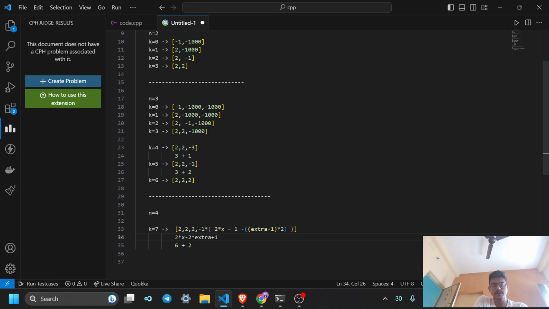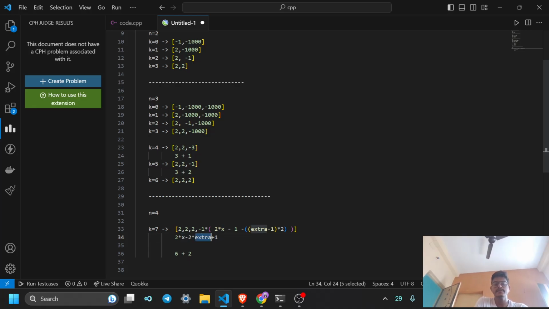Okay, so if I need 1 extra, I need to put 1 here. And what is my x? X is 3, so that will be 2 into 3, which is 6. 6 minus 2 will be 4, plus 1 will be 5.